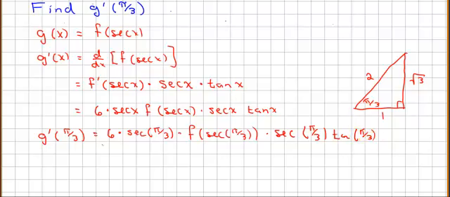Now remember, secant of theta is the reciprocal of cosine. Cosine is the adjacent over hypotenuse, so secant is the hypotenuse over adjacent, and tangent of theta in a right triangle is opposite over adjacent.